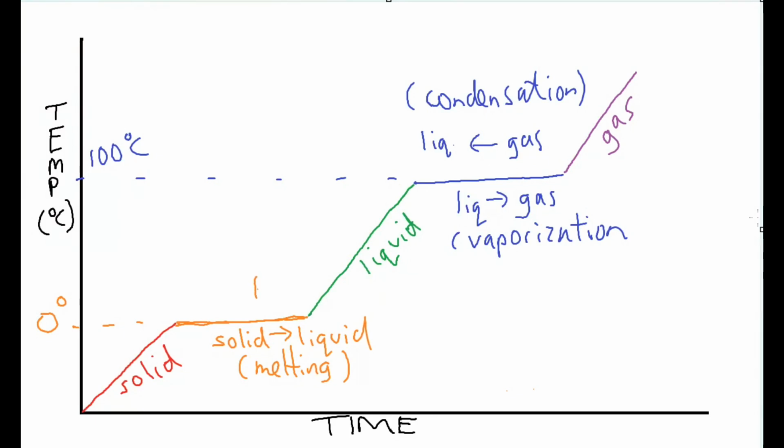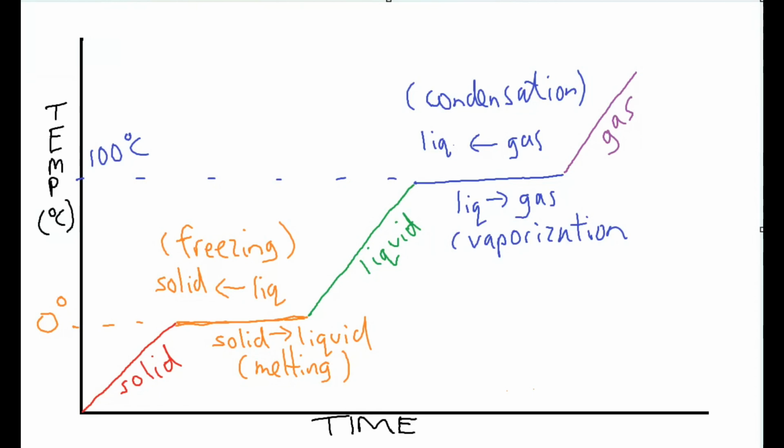And then if it goes from a liquid to a solid, that's known as freezing. Now, there are other processes, like sublimation, like when dry ice goes straight from a solid to a gas. Those we're not going to really discuss too much. Those are a bit of rare cases, anyways.